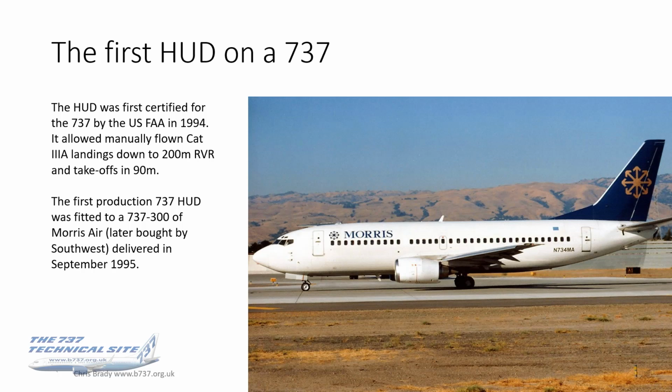The first production 737 HUD was fitted to a 737-300 of Morris Air, which was a short-lived airline. It was later bought by Southwest, and that was delivered in 1995. So that was the first one out the blocks.